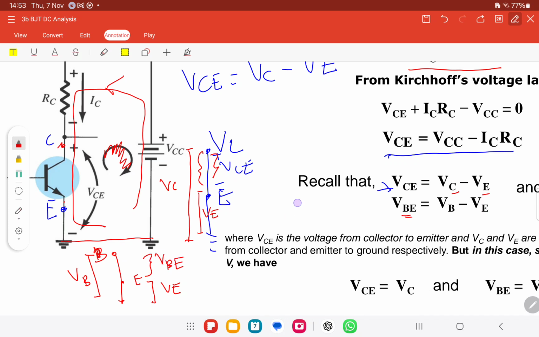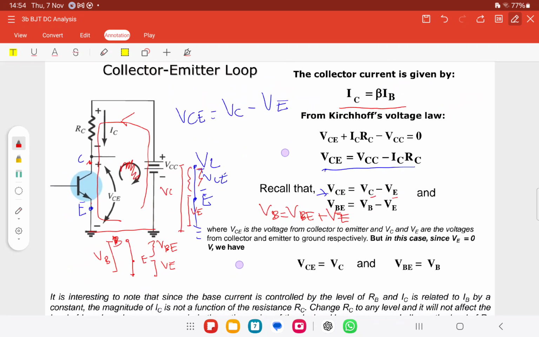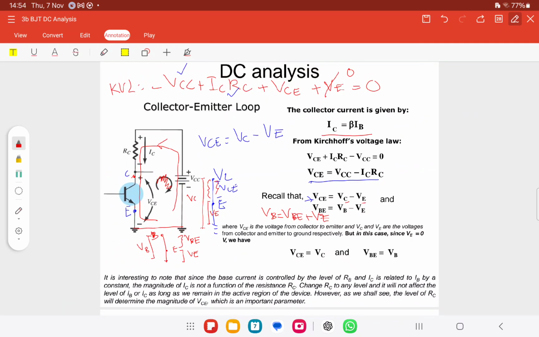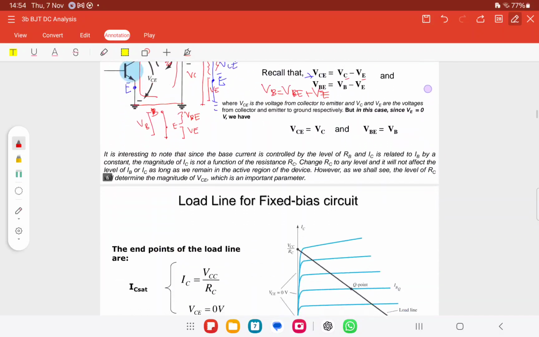That is why VB equals to VBE plus VE. Kan? So VBE bawa VE pergi sebelah, dia tolak lah. Okay, nampak tak? This one. Jadi kita buat exercise, nampak sikit kot. Okay. And then okay, dah sudah yang ni, DC analysis.